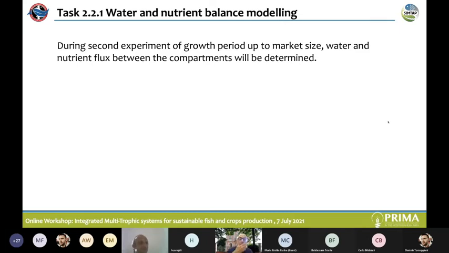During the first experiment period in 2020, we could not monitor continuously. Therefore, we cannot produce any mass balance or mass flux in the system. But we will monitor the system during the next 8 months.